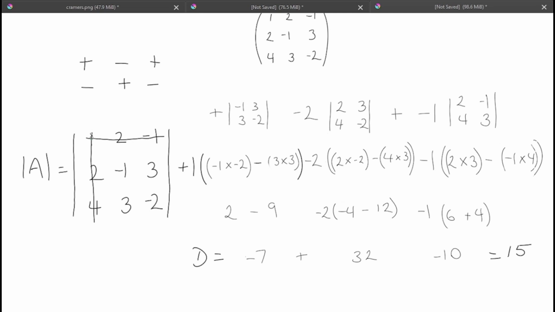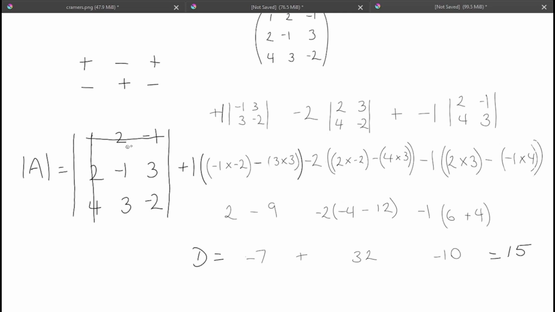So the first number, which is 1, will be plus 1, right? And then we cross multiply, you could say minus 1 by minus 2 and 3 by 3. And then we minus the product of those two. So we have minus 1, minus 2, 3, 3.